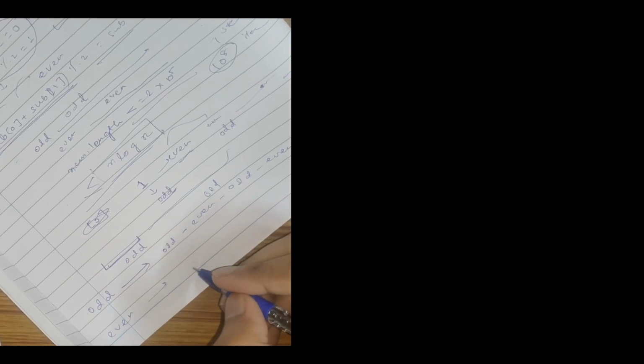If you have an odd sum, then odd and even alternate. And the next case is even plus even. It means for the even sum you have to choose all of the same parity, and for the odd sum you have to choose all the alternate parity. This is the basic idea behind this question.